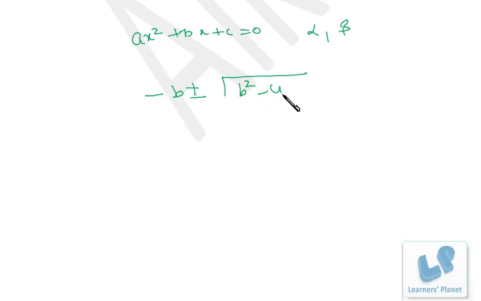My equation is ax square plus bx plus c is equal to 0, and the roots are alpha and beta. The values of the roots can be obtained by this formula. Now, nature of roots.